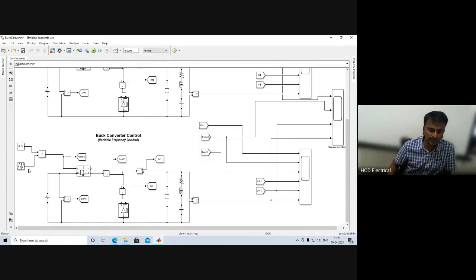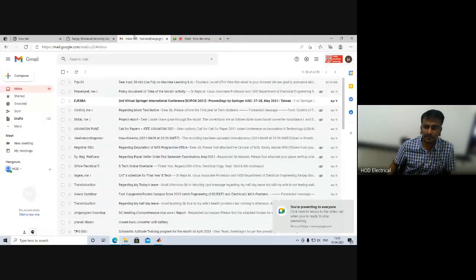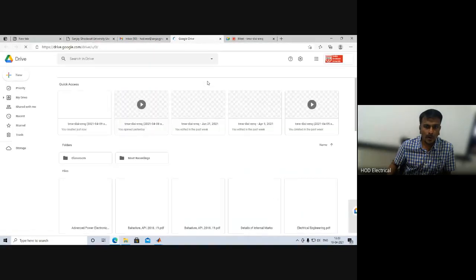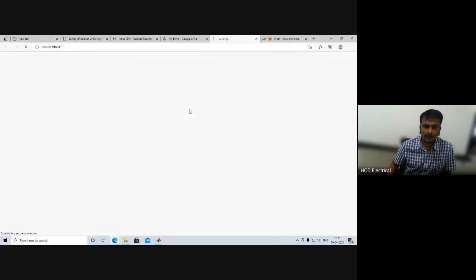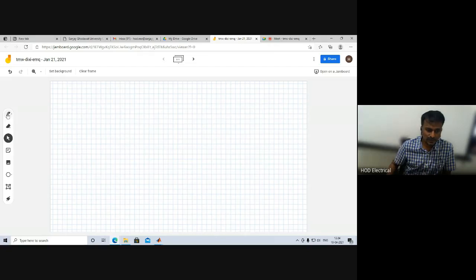Let me draw the sawtooth wave. This is the sawtooth waveform.